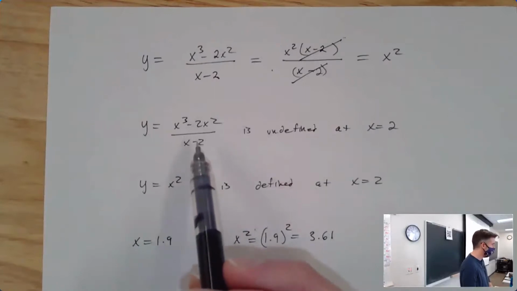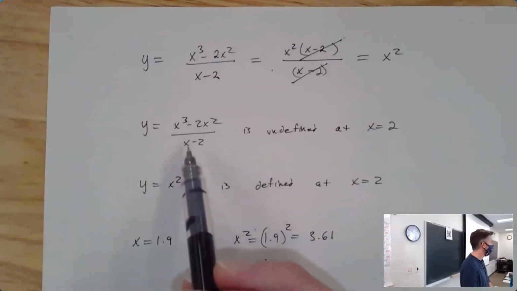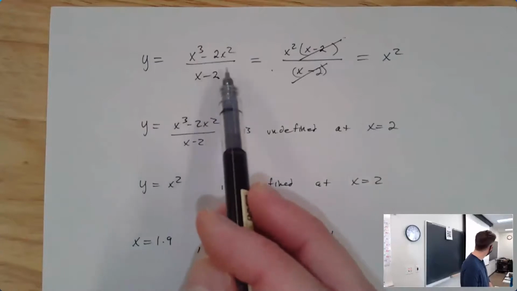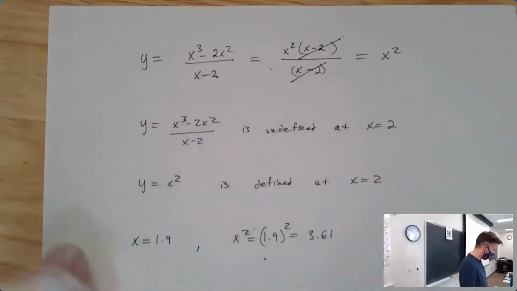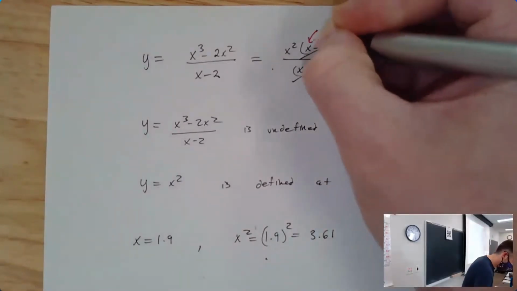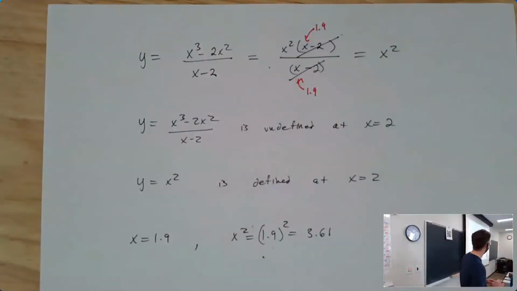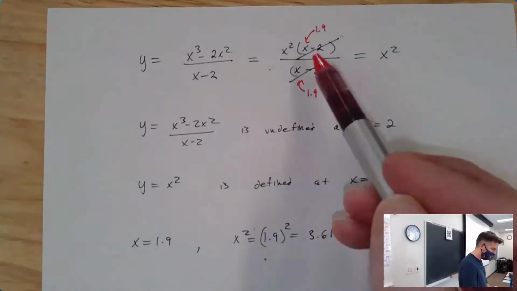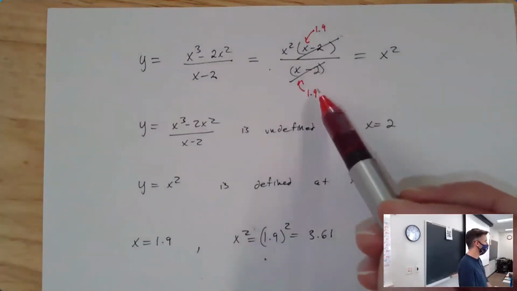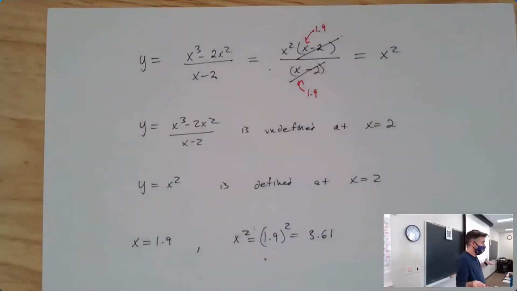It looks terrible, but we've already done the work because we know that this is equal to this. And if x is 1.9, what's 1.9 minus 2? Negative something. And 1.9 minus 2 divided by 1.9 minus 2, those just divide out to 1.